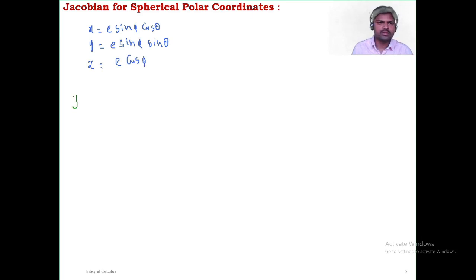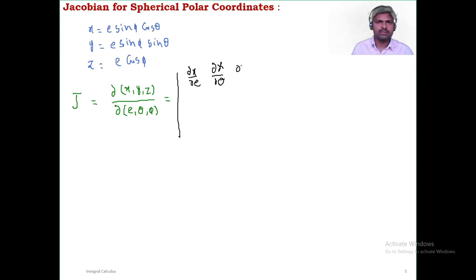Now, what is the Jacobian? The Jacobian is the partial derivative of x, y, z with respect to rho, theta and pi. Now let us find the first row about x: dou x by dou rho, dou x by dou theta, dou x by dou pi.